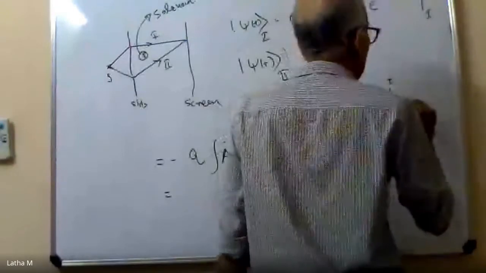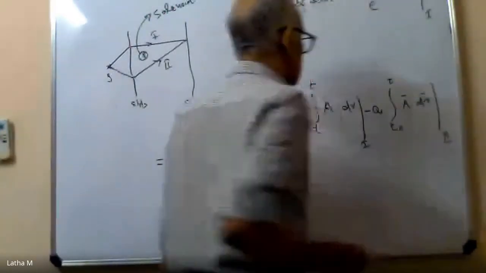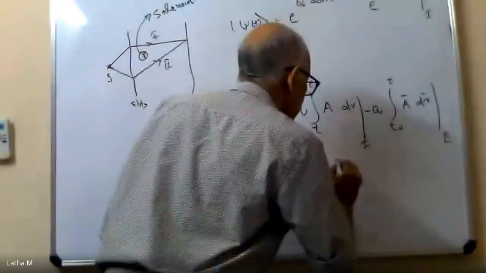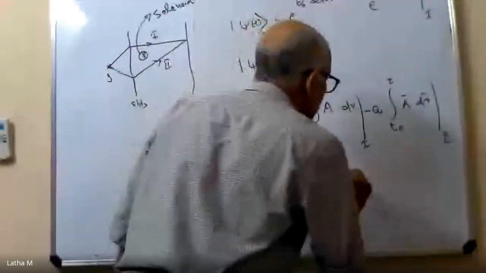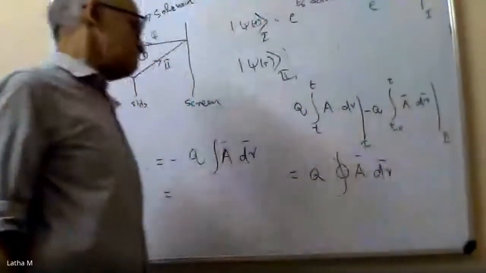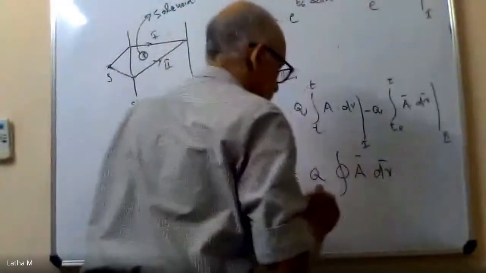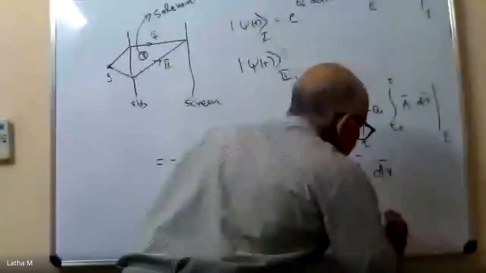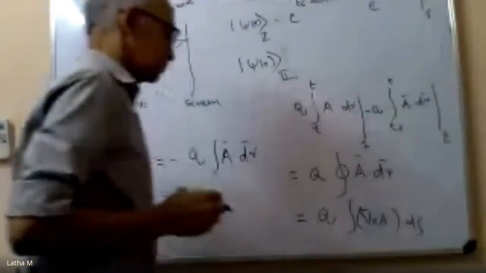By inverting this integral, we can write it as equal to Q closed integral A dot dr. This can be written as Q del cross A dot ds.